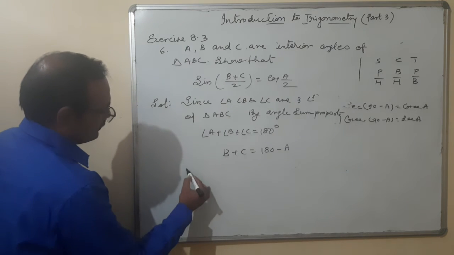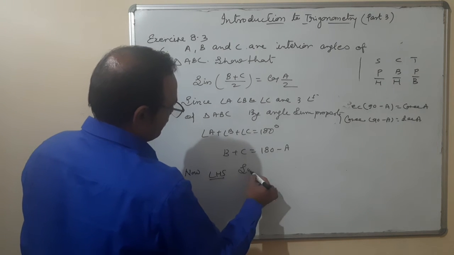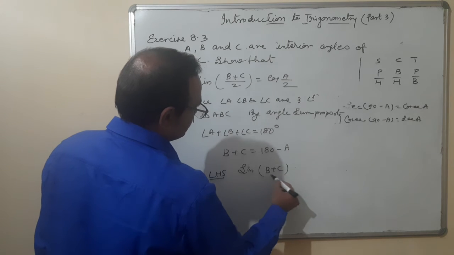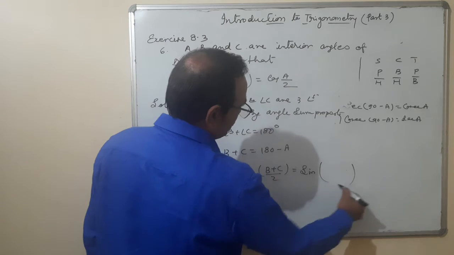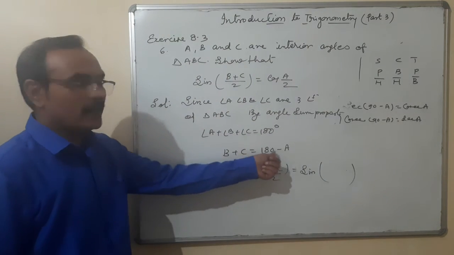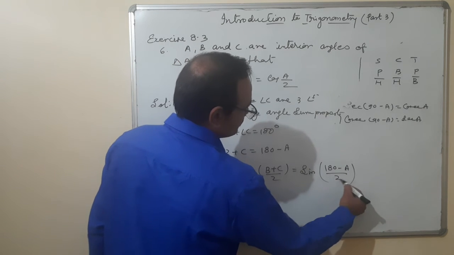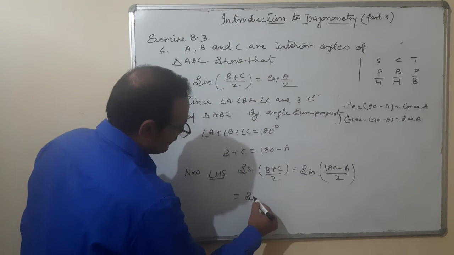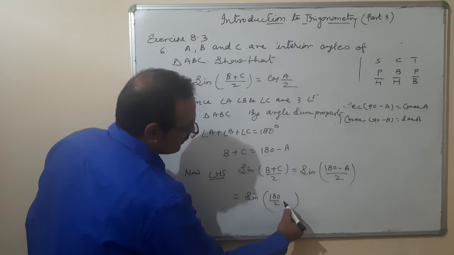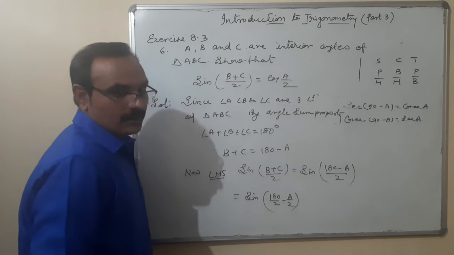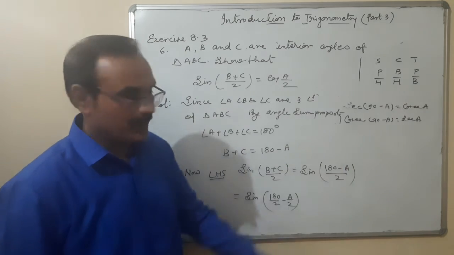Now, LHS, left hand side, is sin (B plus C) by 2. Sin as it is, in place of B plus C, which is equal to 180 minus A, so I write here sin (180 minus A) upon 2. This means sin (180 upon 2 minus A upon 2), because the 2 in the denominator is to be divided by both the terms in the numerator.